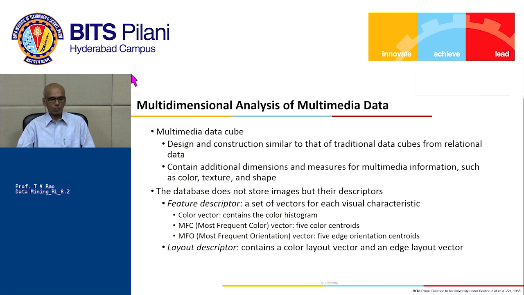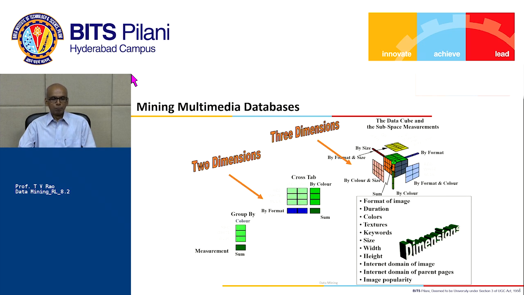multidimensional analysis. For that, we can use feature descriptors such as the color or the orientation or the layout. So various elements we can identify that represent characteristics of the image. And when we do multidimensional analysis for multimedia, we may get hypercubes up to 3 dimensions.